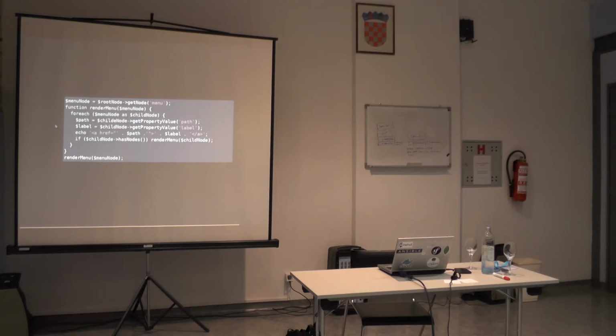But that's part of why I wanted to show this. Each node is iterable, because it can have children. You can just iterate over the nodes. Yeah, it implements the iterator interface, I think.